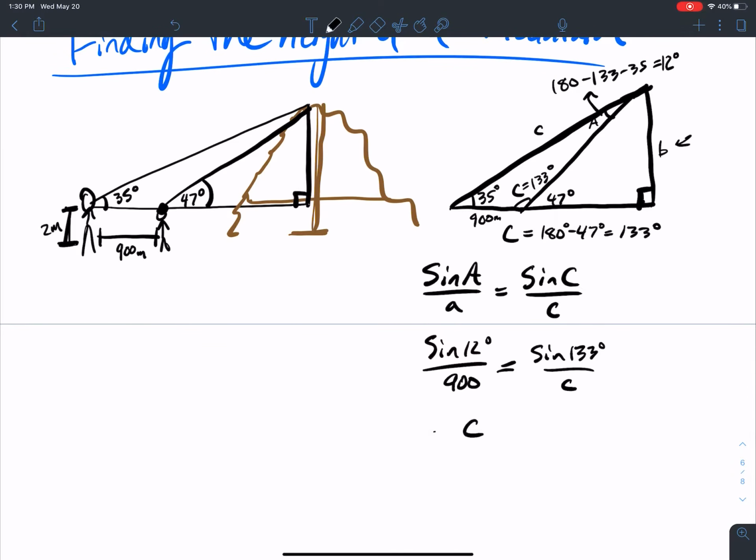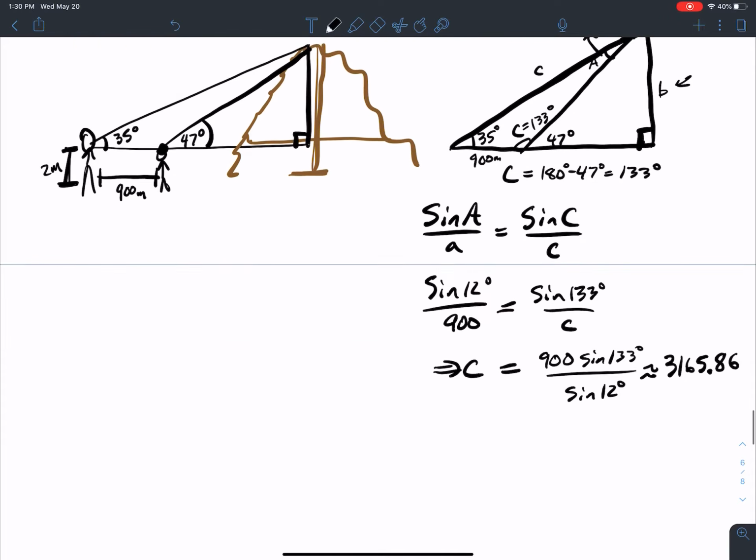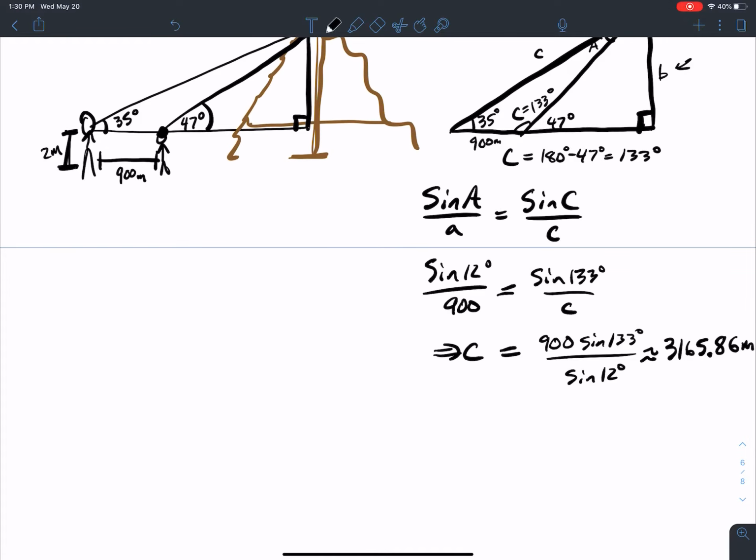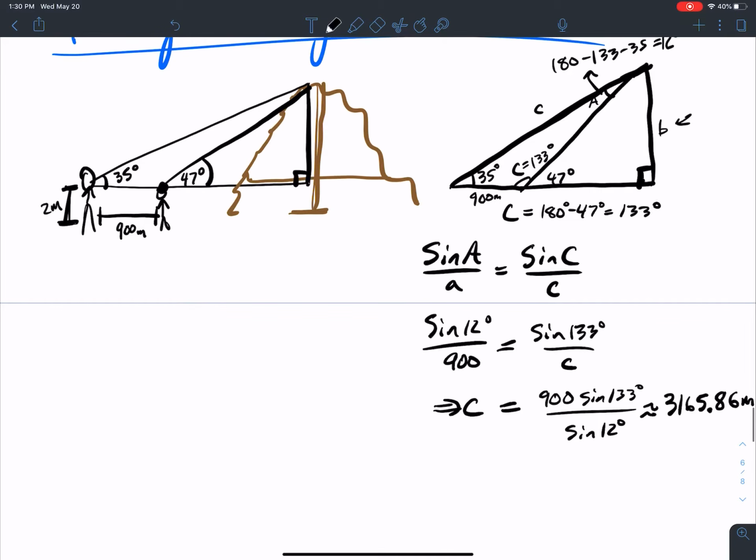And that tells me that C is equal to 900 times the sine of 133 over the sine of 12, which is roughly 3,165.86 meters. So that's my C, 3165.86.